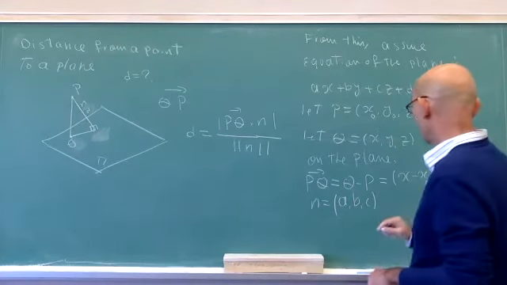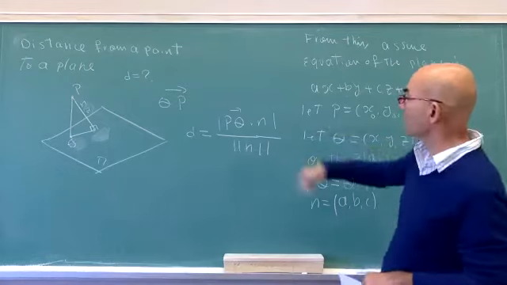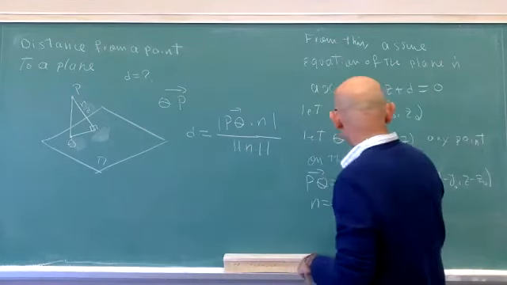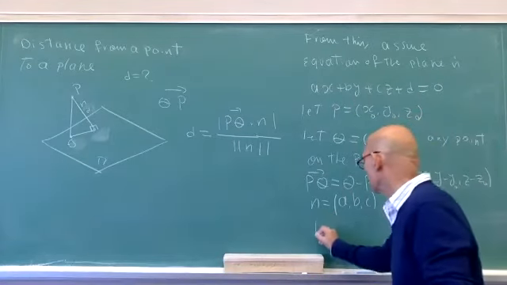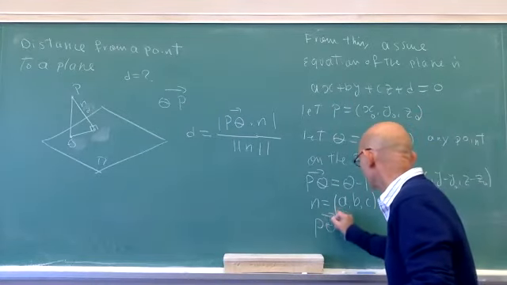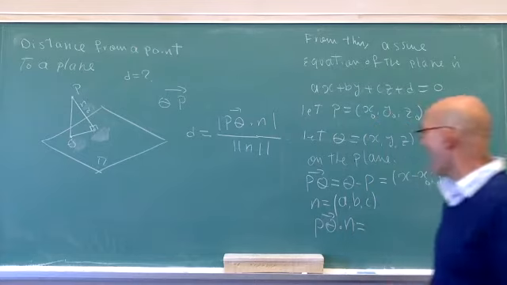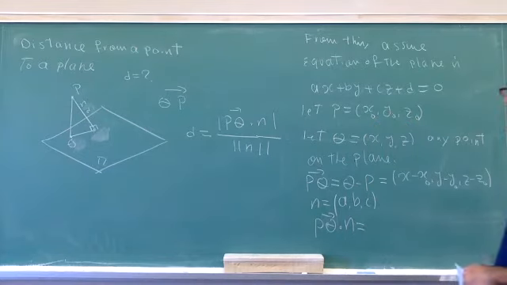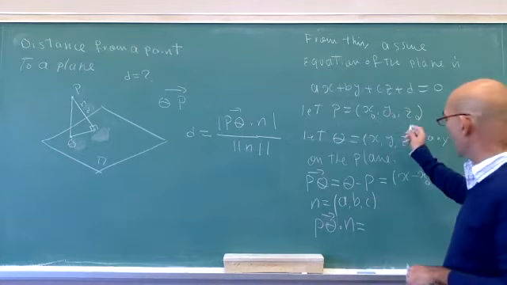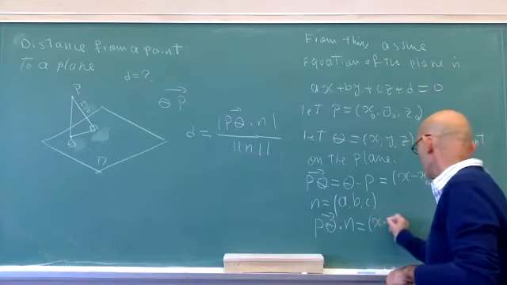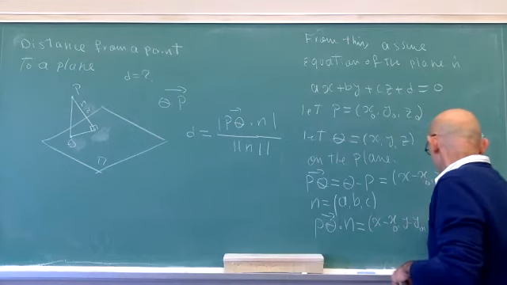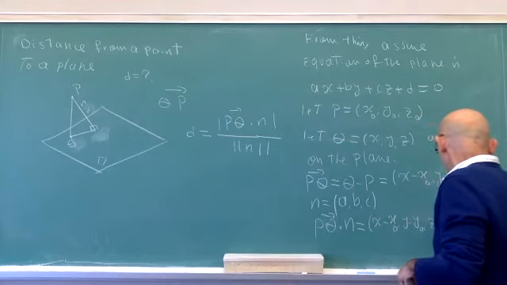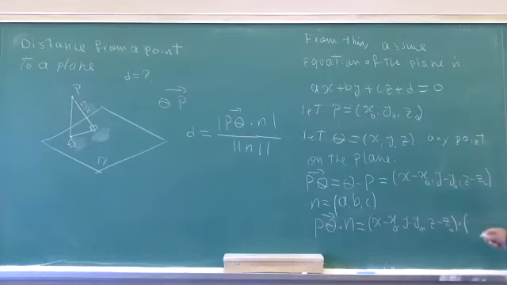Now we are ready to sub in. So let's compute, first of all, PQ dot n. That's equal to x minus x0, y minus y0, z minus z0, dot ABC.